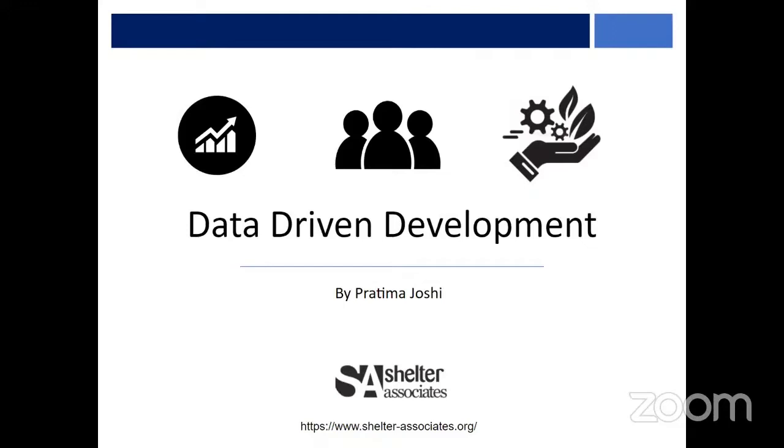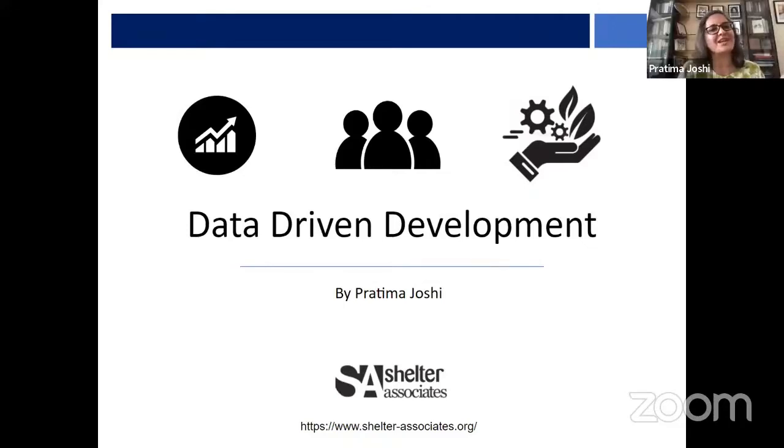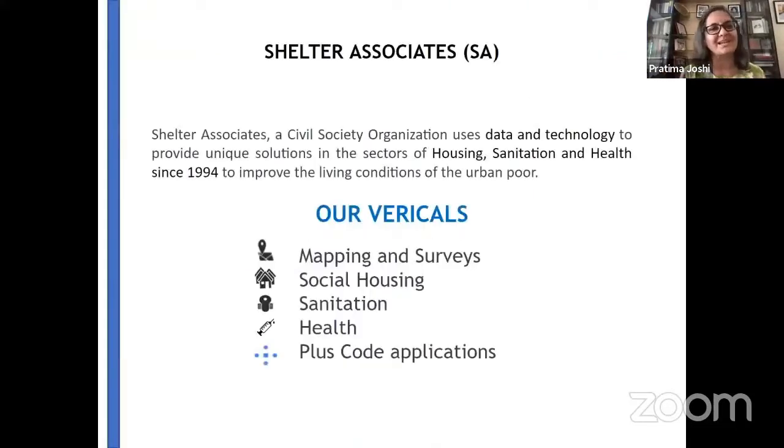And as architects who had started this very young NGO, Shelter Associates, in 1993, we were quick to realize that we need to start working on this missing piece and see how we can bring data alive. Being architects, we wanted to see data spatially. That was one of the incentives that made us explore GIS technologies in the late 90s. And since then, this has been the driving force in just about everything that we have been doing within Shelter Associates.